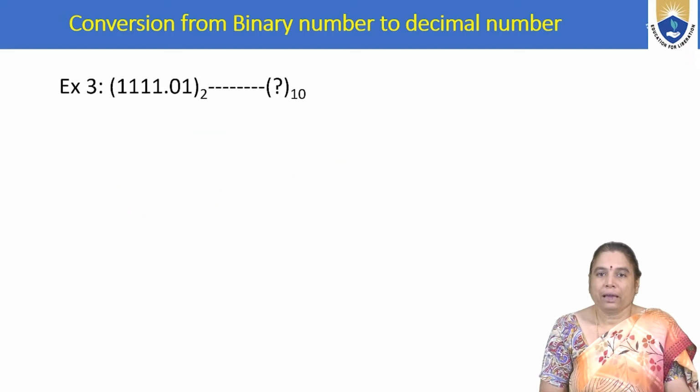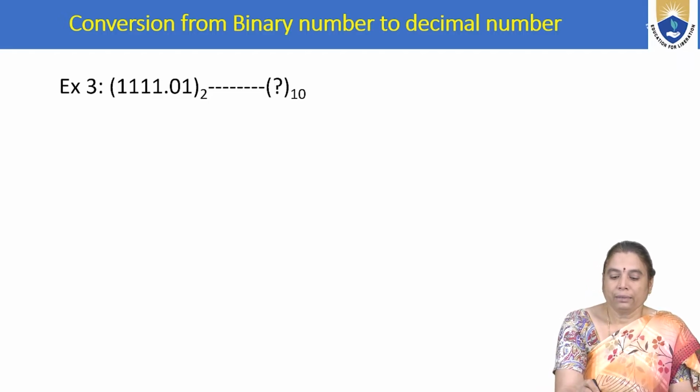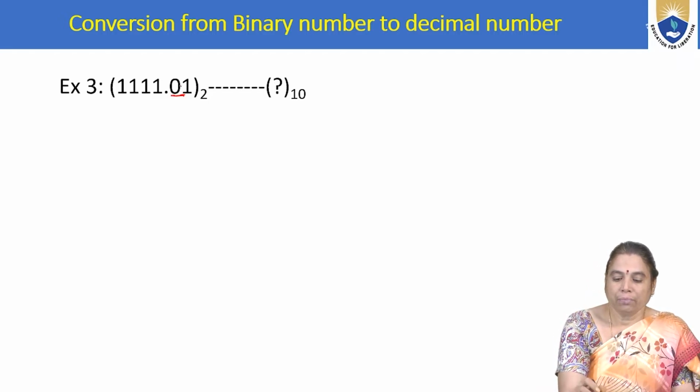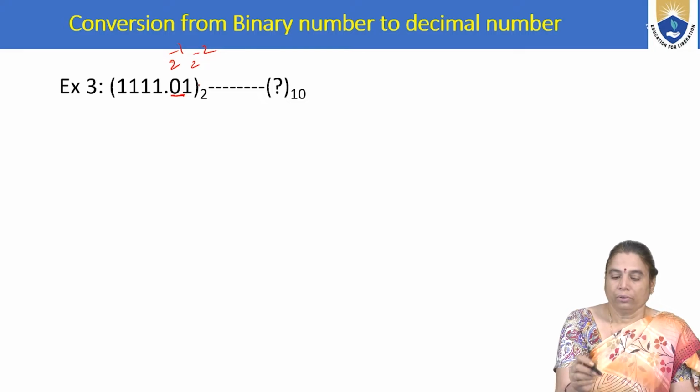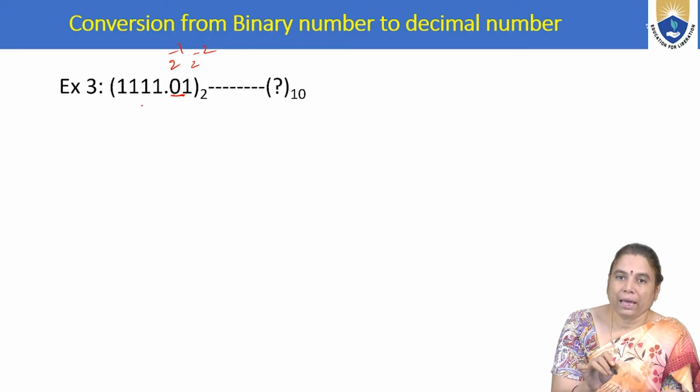How can this be accomplished with floating point numbers? After the decimal point, the digit can be 2 power minus 1 and the next one 2 power minus 2, which is equivalent to 1 by 2, 1 by 4. So here we have to multiply the digit with the positional value.